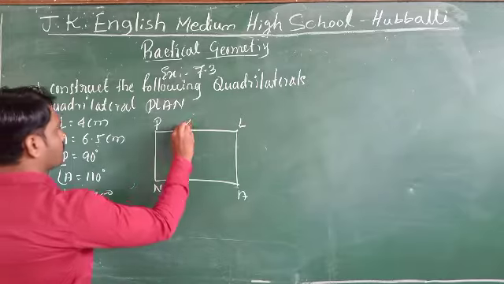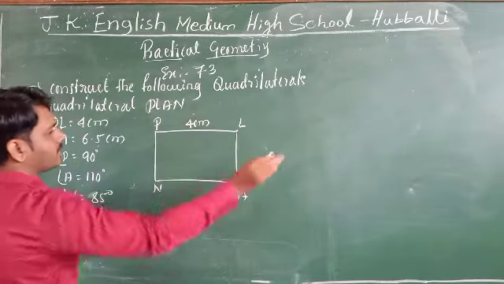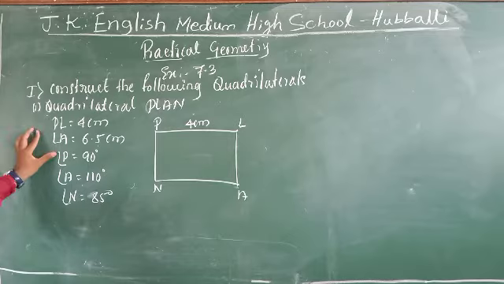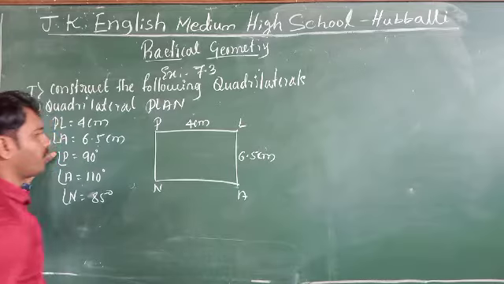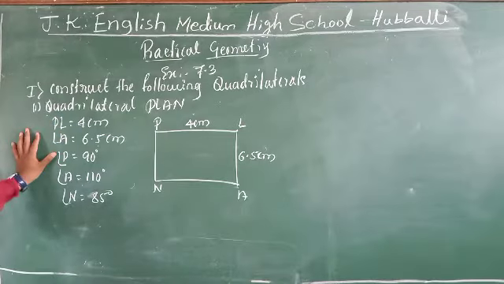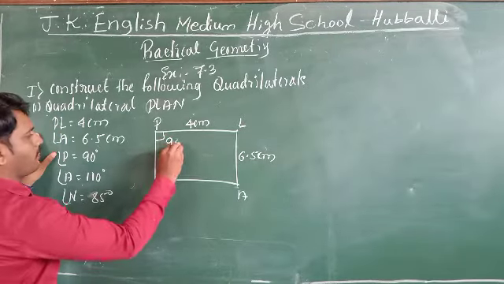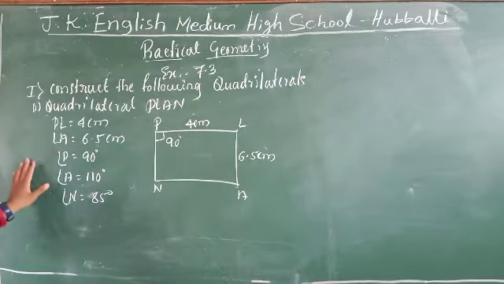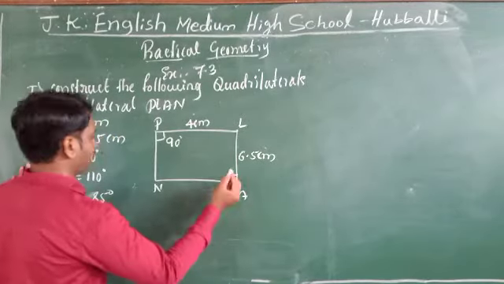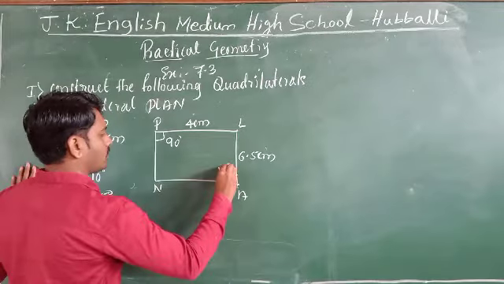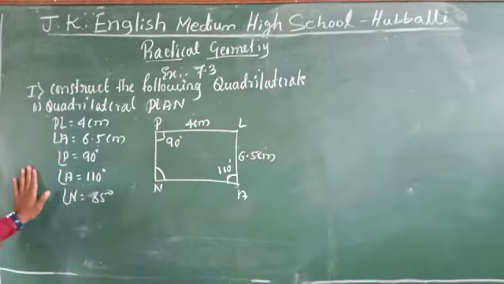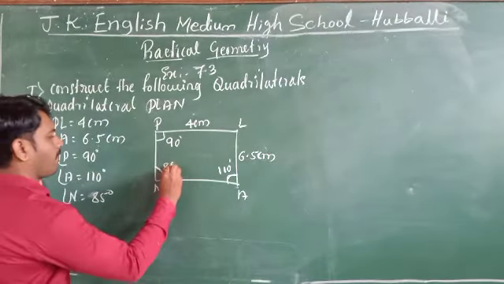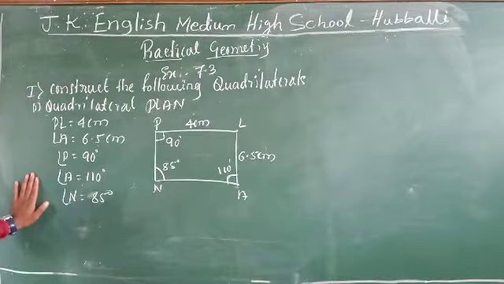So PL is how much? 4 centimeter, we can take it as the base. LA is 6.5 centimeter. Angle P is equal to 90 degree. Angle A is equal to 110 degree. Angle N is equal to 85 degree. Correct children?